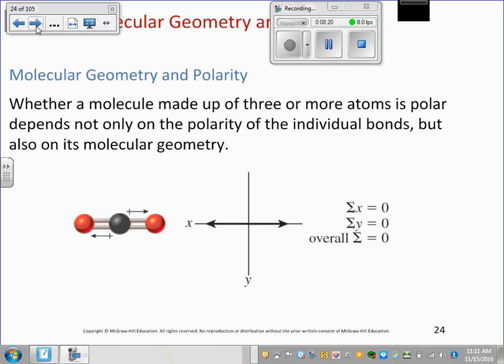So here we have, let's for example say this is carbon dioxide. Let me get a pen that writes. Now, which is more electronegative, carbon or oxygen?